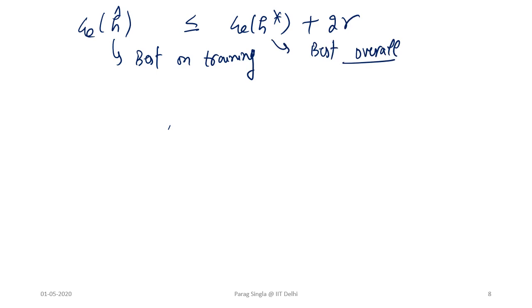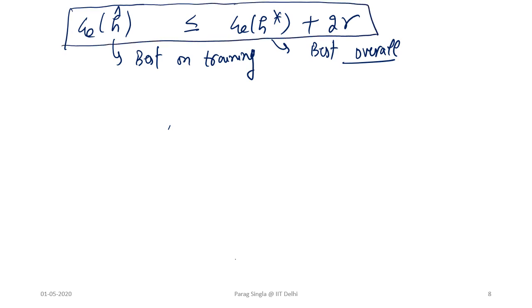This is the bound that we have obtained on h hat, in terms of its generalization error being at most 2 gamma plus the best that we could do overall.